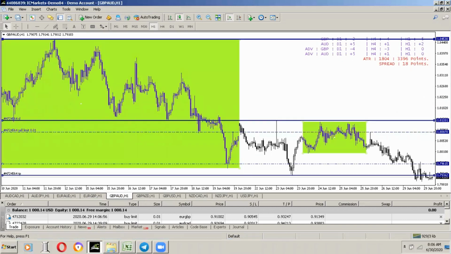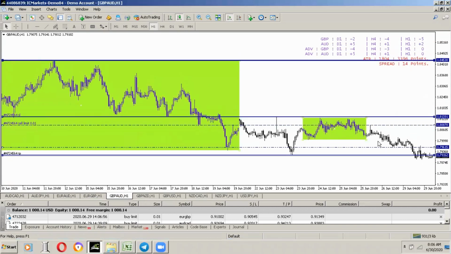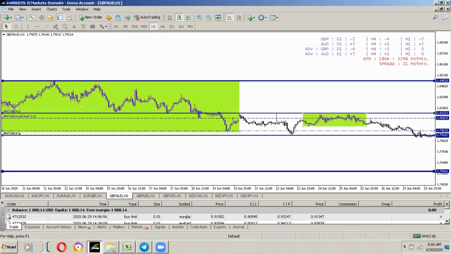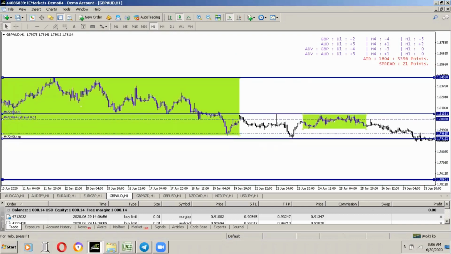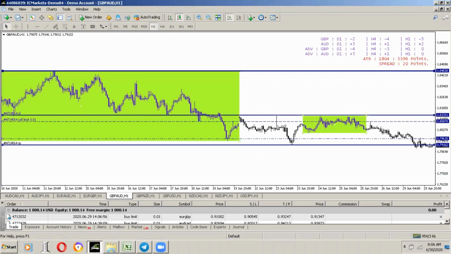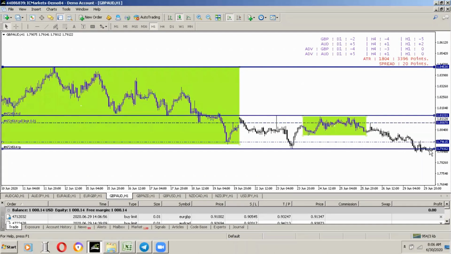Next, we have GBP AUD. So for GBP AUD, we also have a sell signal. So for me, since we have a sell signal, and since it hasn't broken down yet here, it's just consolidating in this area.